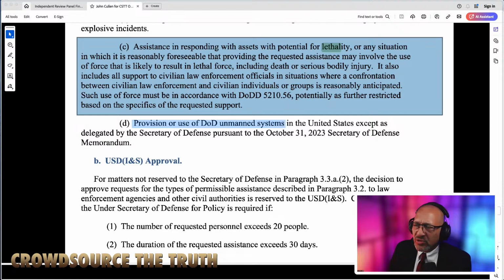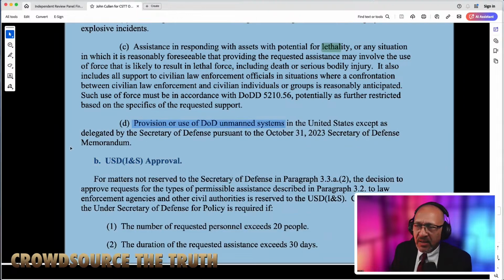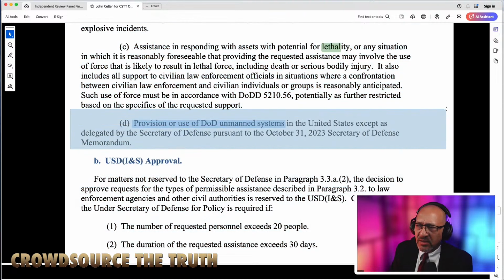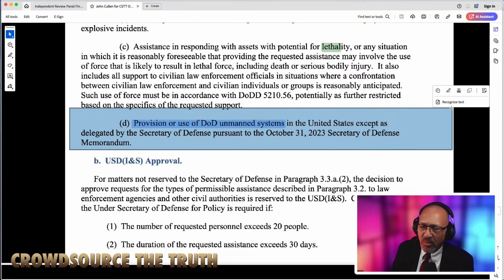Potentially it is further restricted. But the part that nobody's talking about that is going to bake your cake is Section D, the provision or use of DoD unmanned systems in the United States. You mean like Palmer Luckey likes this part. This is why Palmer Luckey stopped tweeting.